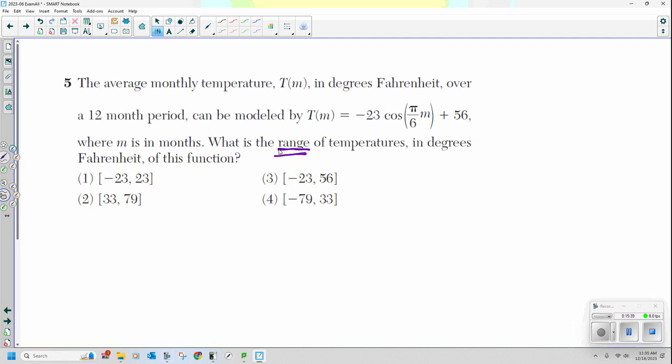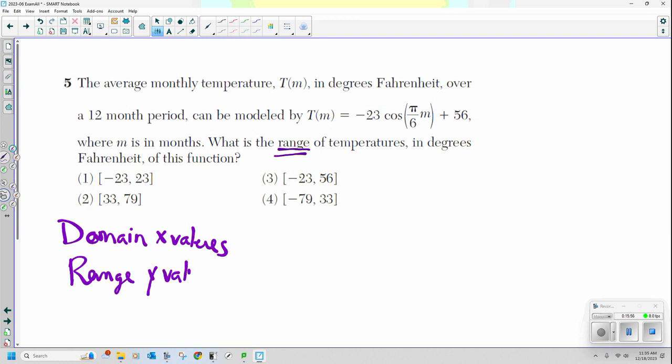Oh, man. Range. Domain means all possible x values, right? Range, which is what they're asking us for, refers to the y values. So how high and how low does this graph go?